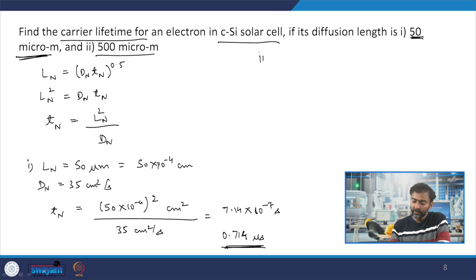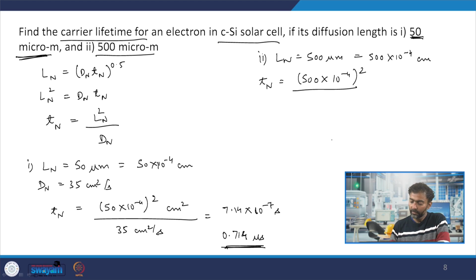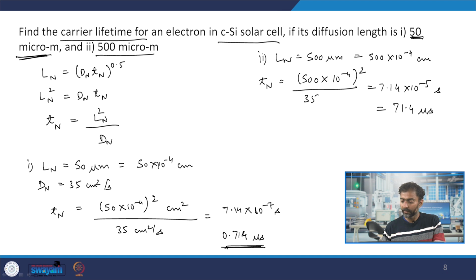On the other hand, in the second example, the Ln is given as 500 micrometer, or we can write it as 500 into 10 to power minus 4 centimeter, and therefore my Tn comes out to be 500 into 10 to power minus 4, whole squared, divided by 35, and if I solve it out, we get 7.14 into 10 to power minus 5 seconds, or equivalently 71.4 microsecond.